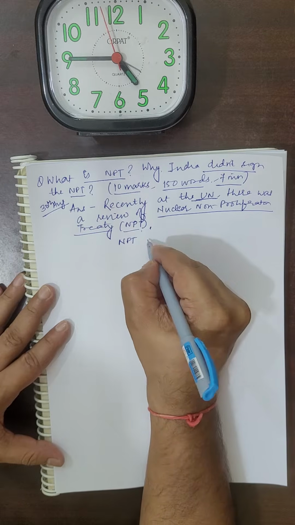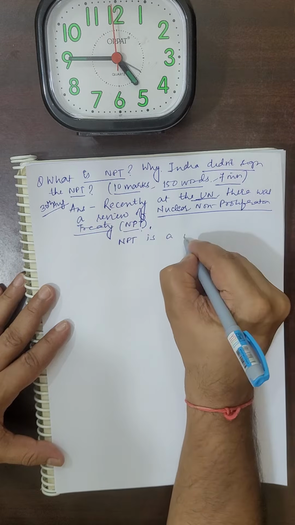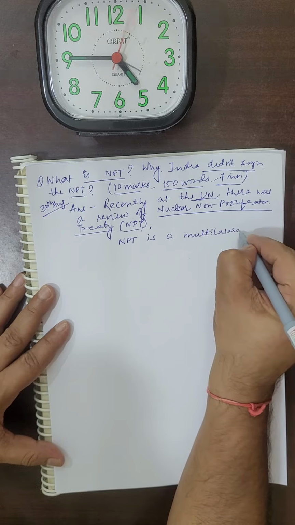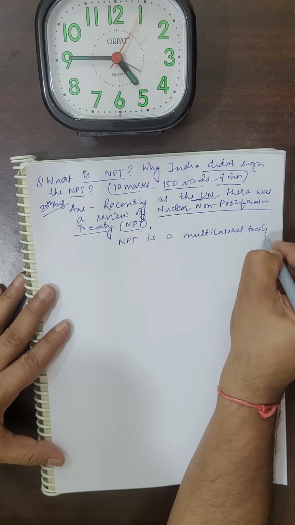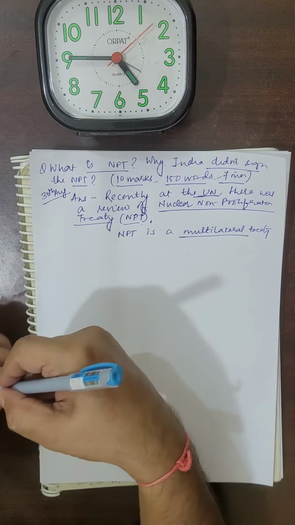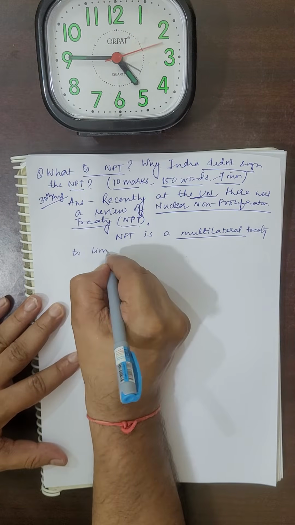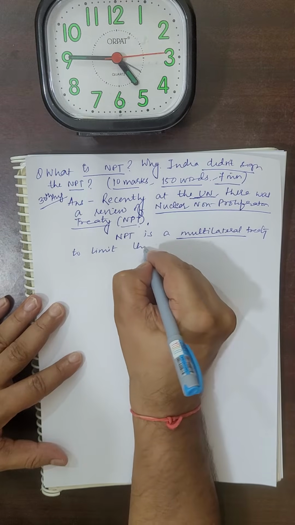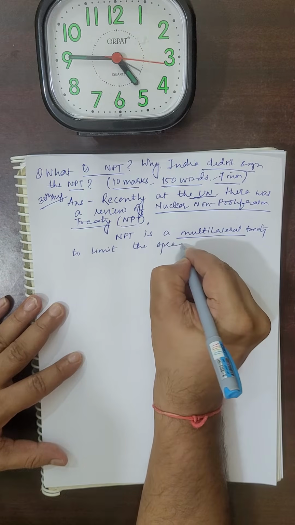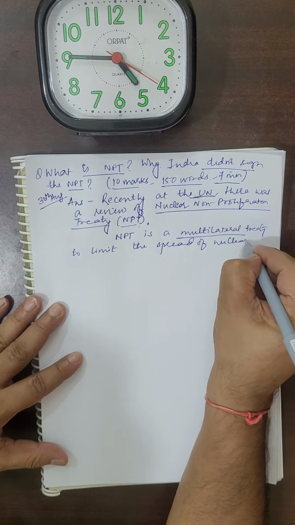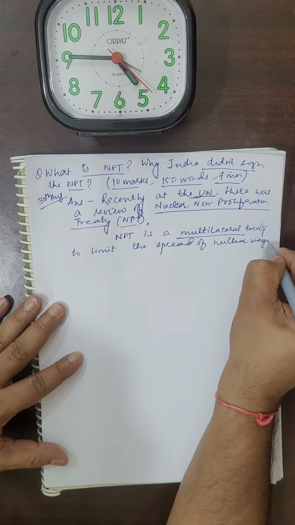What is NPT? You can say that NPT is a multilateral treaty. These keywords are very important. Treaty, and the objective we will write: limit the spread of nuclear weapons.